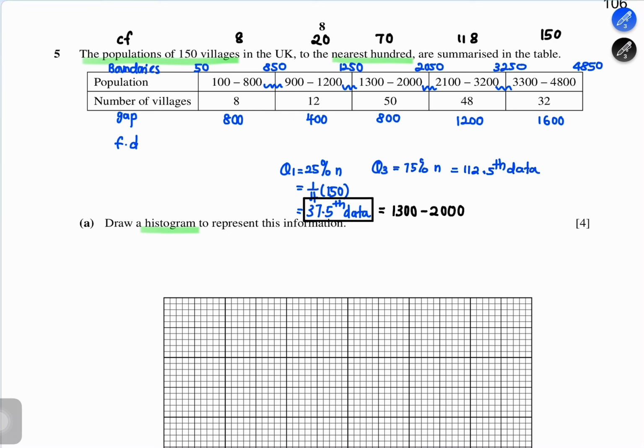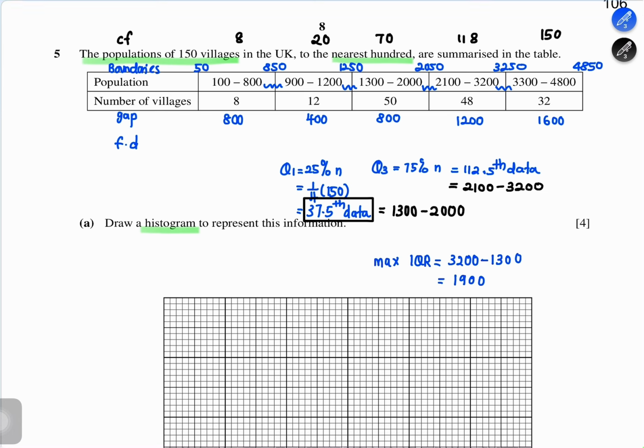And in which class interval is this? 2100 to 3200. Following the formula that we discussed earlier, if you want to find the maximum value of the interquartile range, what did the students do? They took the 3200 and then they minus the 1300, which gave them an answer of 1900.